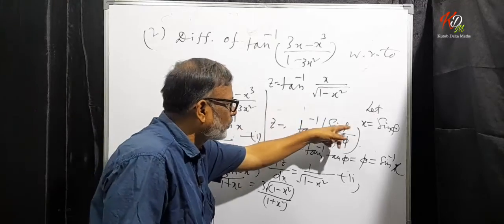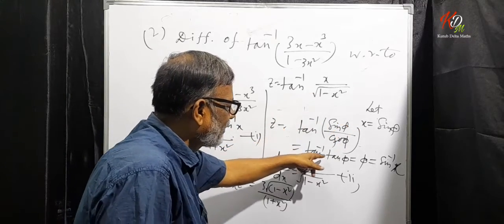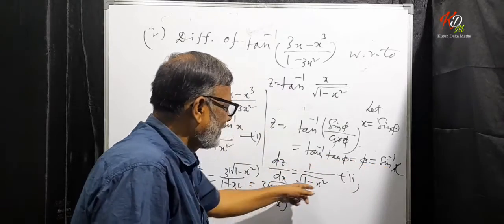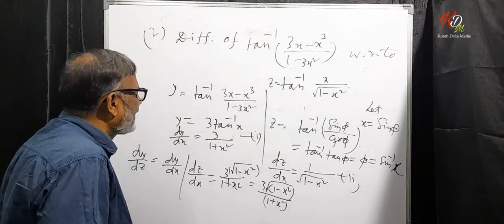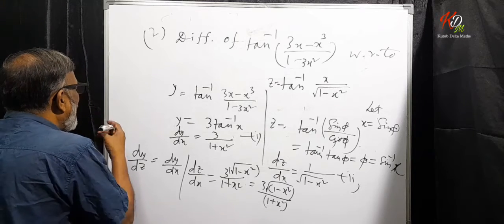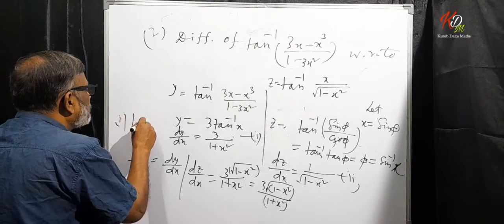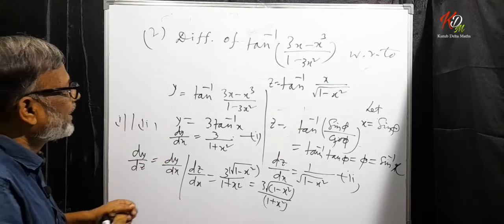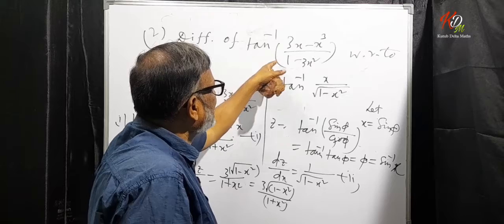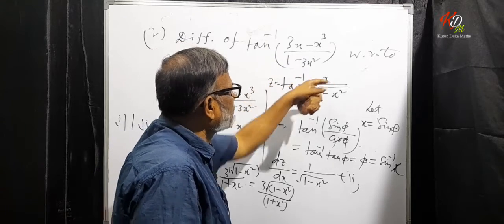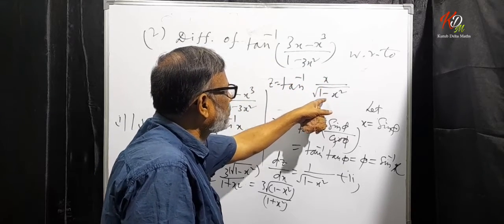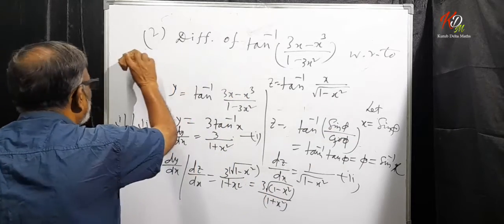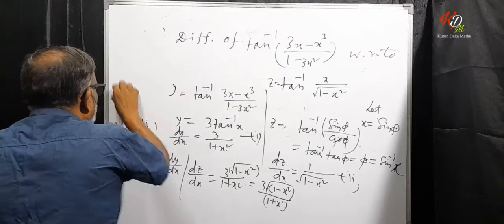Secondly, put x equal to sin phi, z equal to tan inverse tan phi, that means phi equal to sin inverse x, so dz/dx equal to this. Dividing 1 by 2, we have dy/dz, the differentiation of this with respect to tan inverse x by root under 1 minus x square, equal to 3 root under 1 minus x square by 1 plus x square. Question number 3.